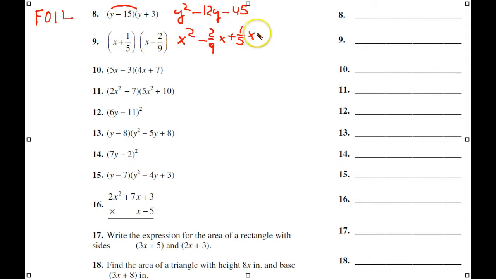And for our last, we get a negative 2/45. Now our middle terms are like terms, so we really need to join them by having a common denominator of 45.